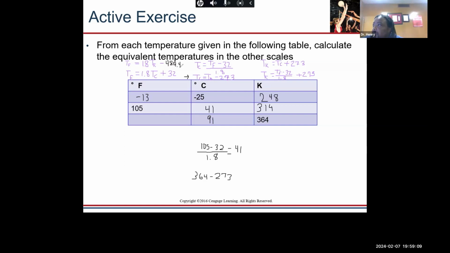Oh, 1.8 times 364. I still got that wrong for some reason.